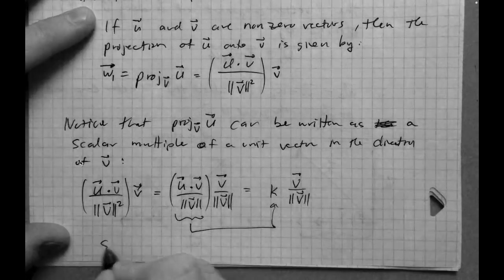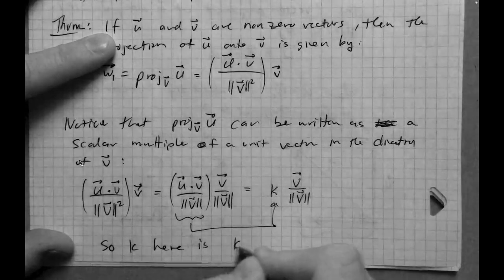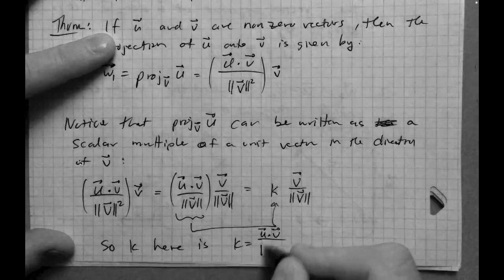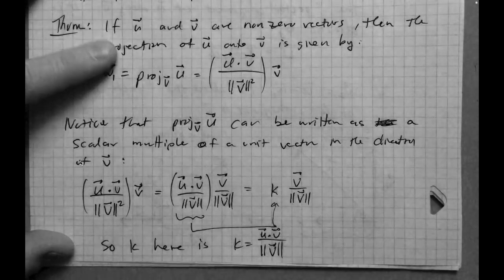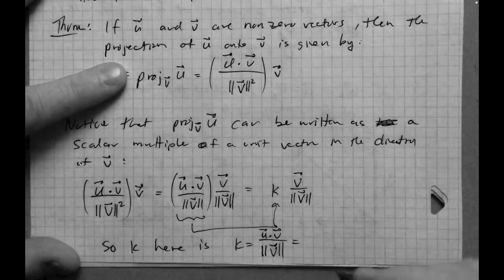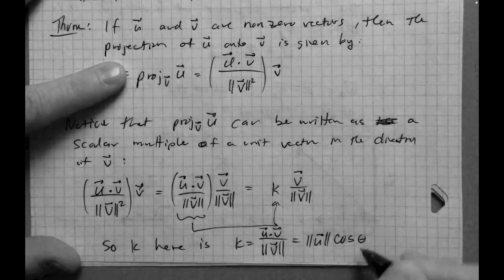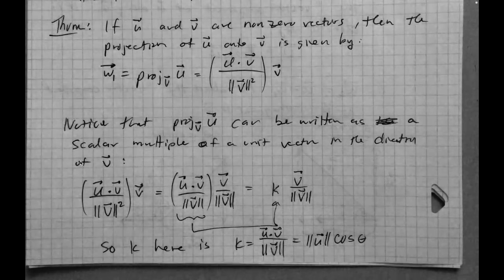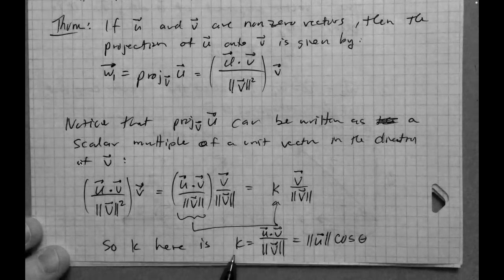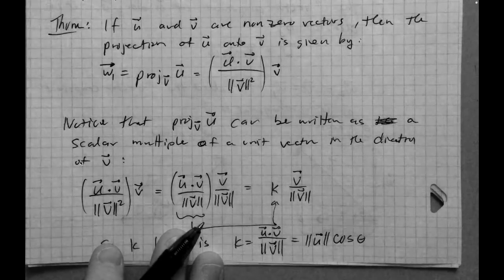And so K here is U dot V divided by the norm of V, okay, which we saw previously is just the norm of U times cosine of theta. Okay, the scalar K is called the component of U in the direction of V.